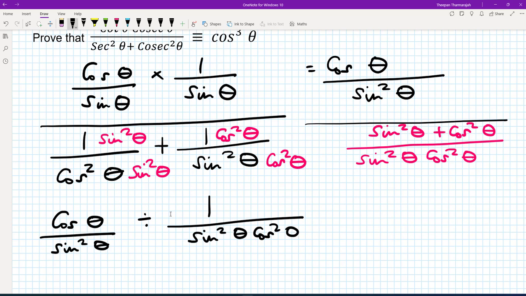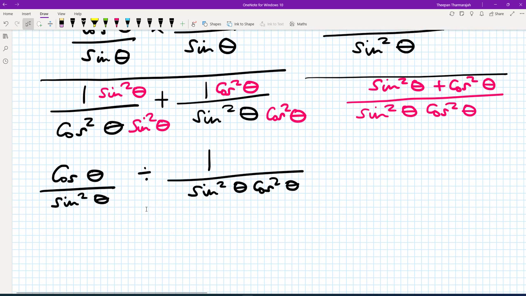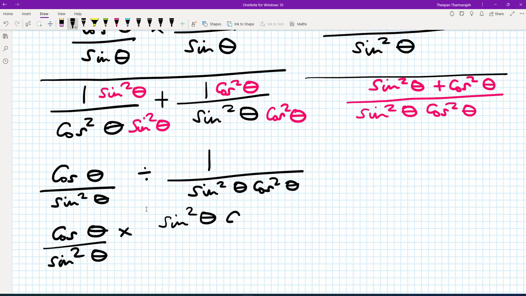Now, using the laws of fractions, that's the same thing as cos theta over sine squared theta times, turn the fraction upside down, so we get sine squared theta cos squared theta over 1.